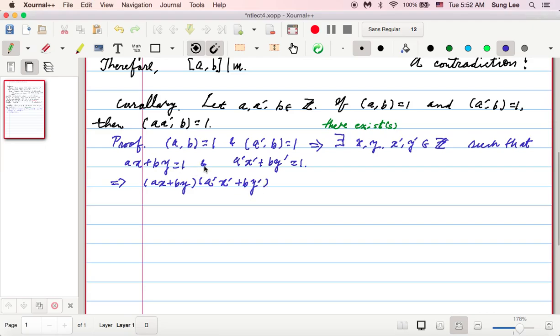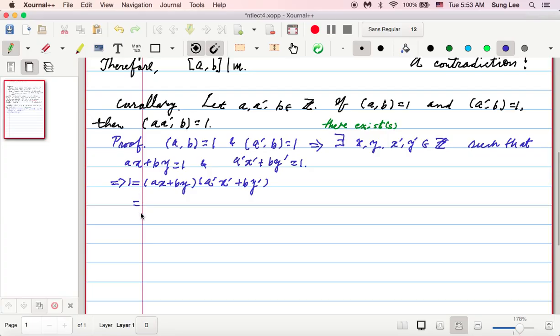If we multiply these two, that's still 1. So I'm going to put it here: 1 equals this, and I'm going to multiply these two out.